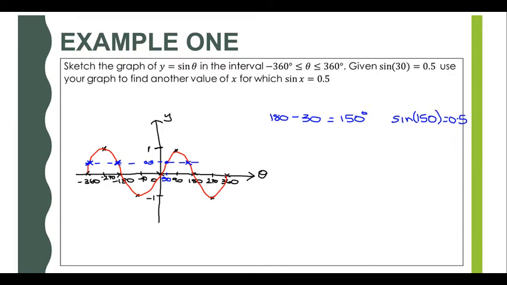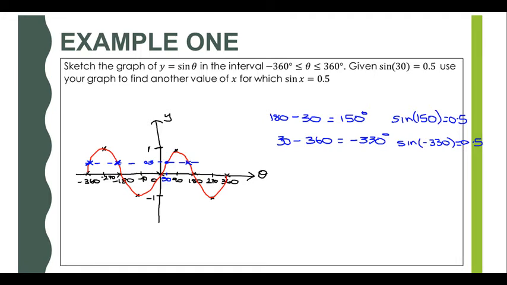We can now either use the symmetry of our graph again to find our other two solutions, or we can use the fact that our graph repeats every 360 degrees. So to get from this point to this point, which is 360 degrees earlier, we would subtract 360. So our second solution is 30 take away 360, which is equal to minus 330. So that tells us that sine of minus 330 is also equal to 0.5.